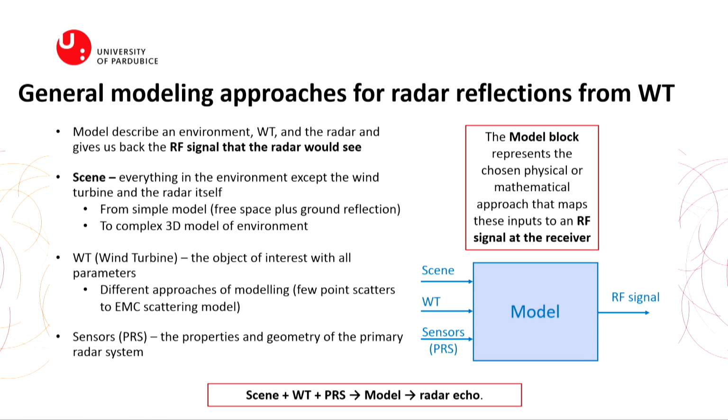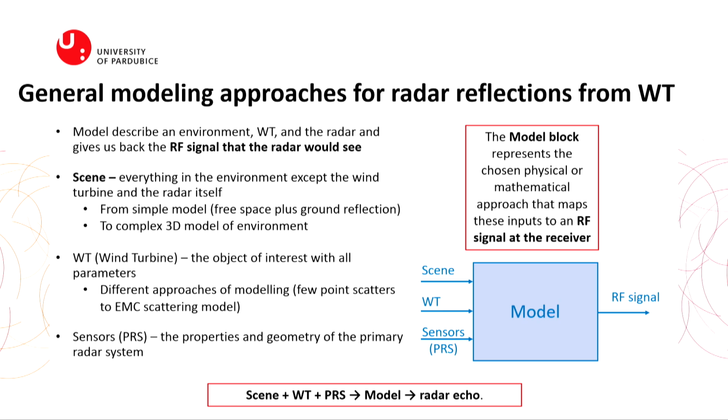These slides give us a view about modeling strategies for wind turbine radar reflection. The really basic model is that we have a scene, and what is the scene? Everything in the environment that influences, where the position of the radar is, where the position of the wind turbines is, and so on and so on.